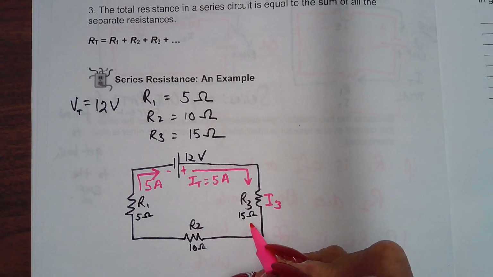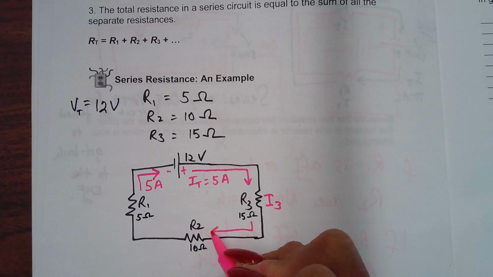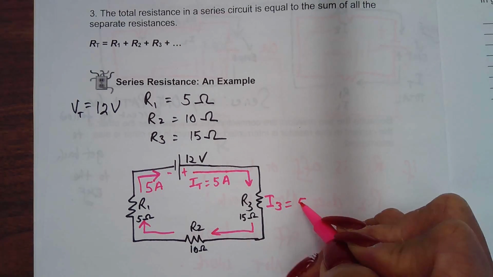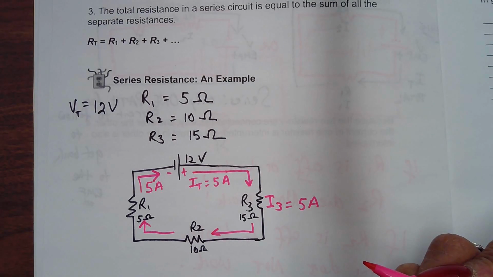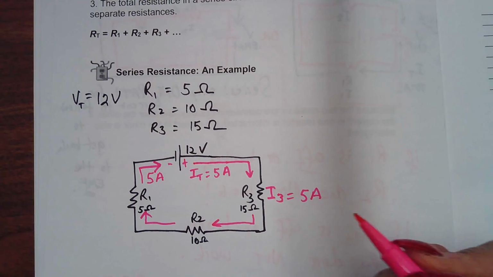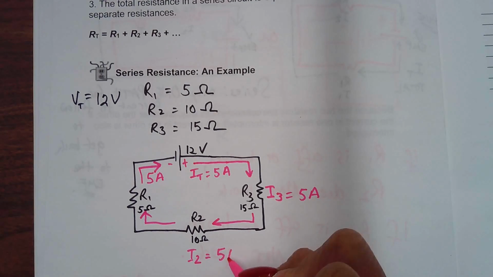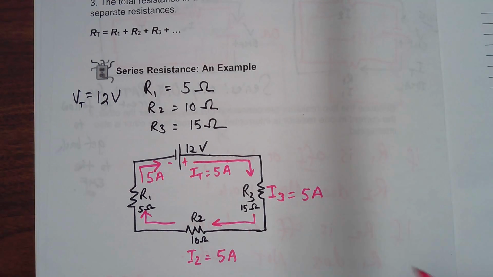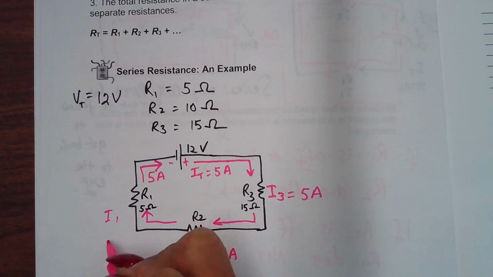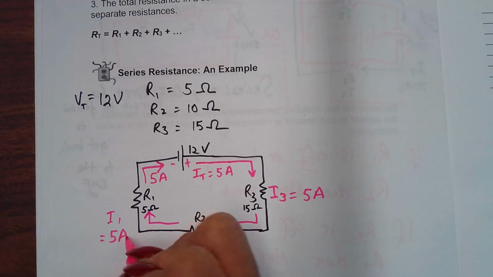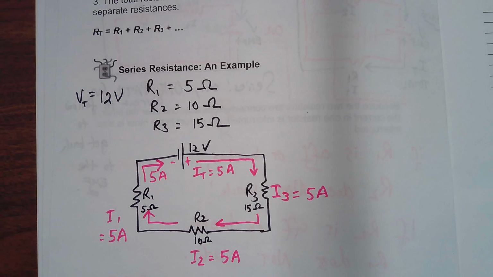So this is going to be 5 amps. R2, which is now called I2 in terms of current, is also 5 amps. And I1 is, guess what? It's still 5 amps. The charge, which results in current I, is just going round and round.